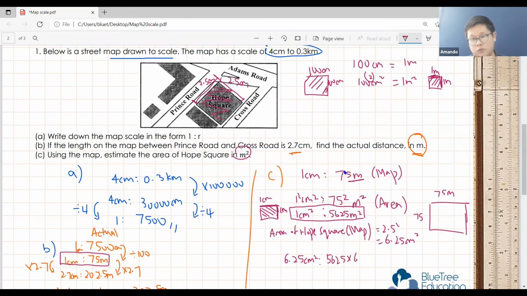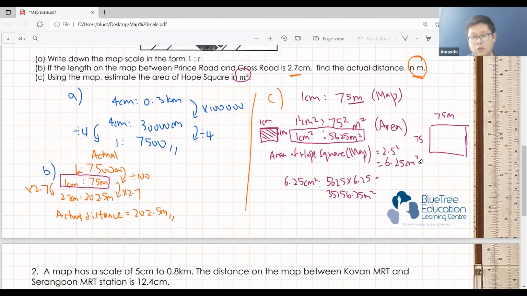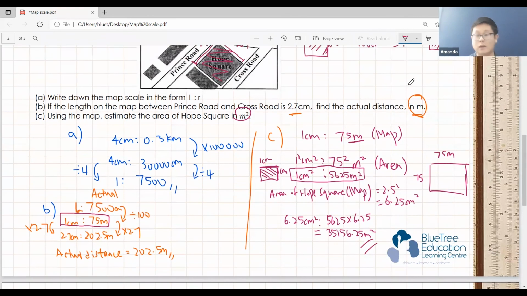So 5,625 times 6.25 is the answer you are looking for, which means on the right side you're going to get 35,156.25 square meters. Because we want the final answer not in the form of a ratio, you can put an equal sign here to represent the final answer.